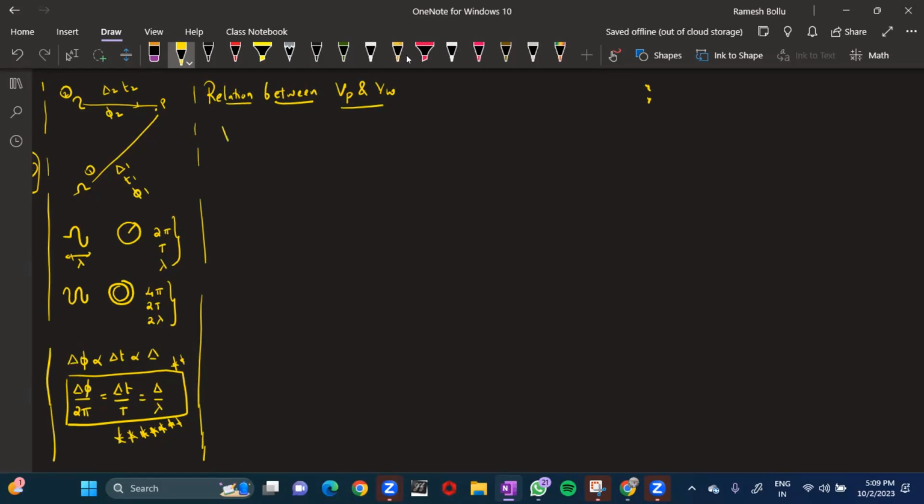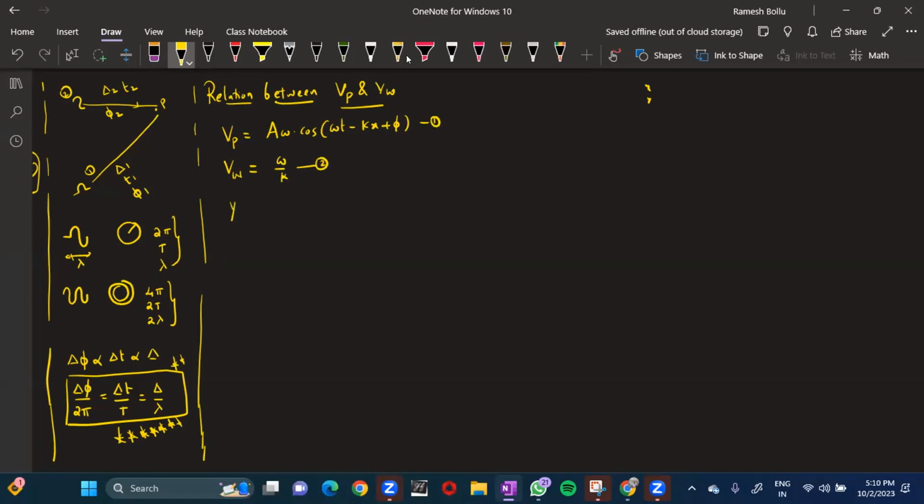The velocity of the particle is a into omega into cosine of (omega t minus kx plus phi). And the velocity of the wave, I told you one equation: what is that? Omega by k. Keep aside equation number 1 and equation number 2.